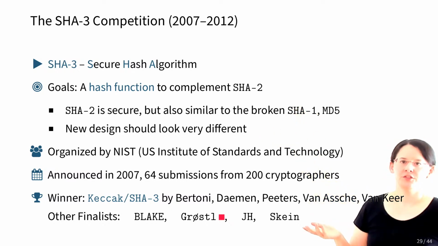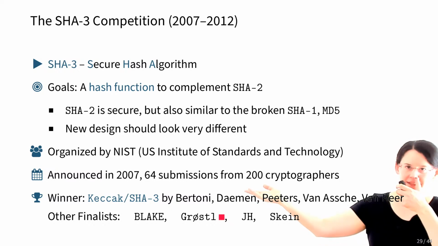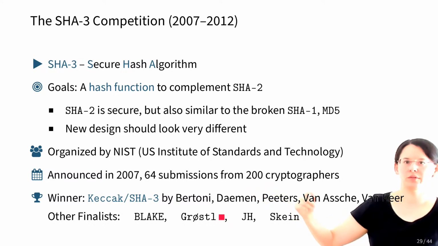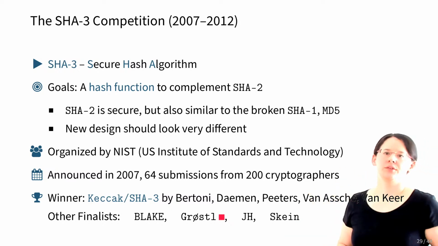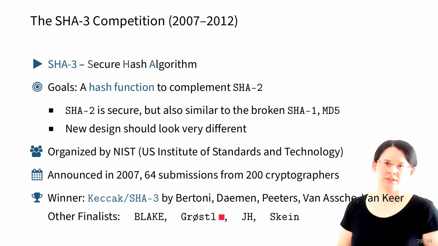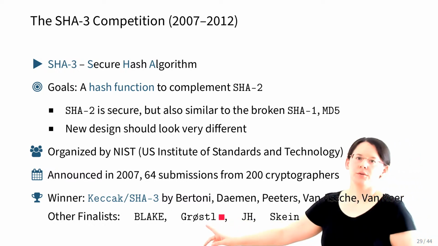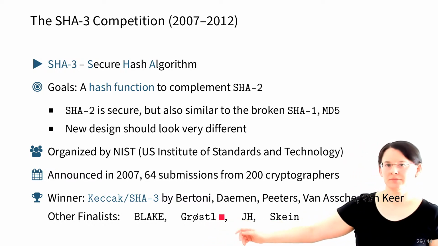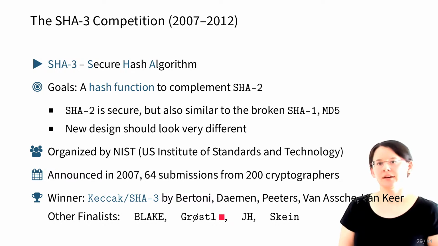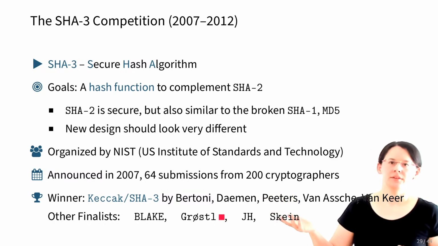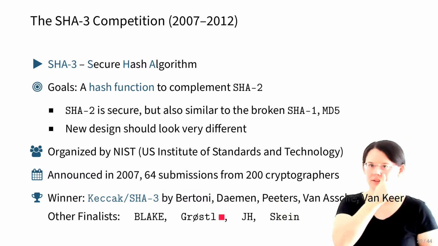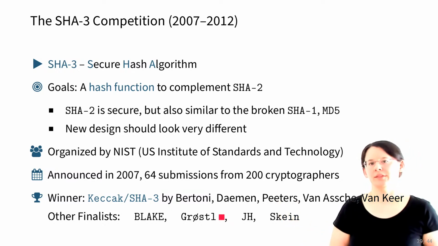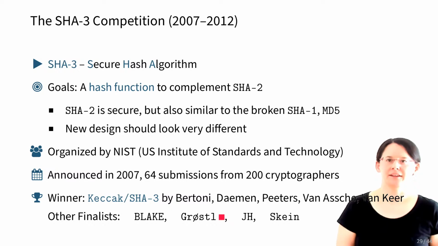For this competition, there was a total of 64 submissions from over 200 cryptographers worldwide, which were then successively narrowed down in several competition rounds until there were 5 finalists. One of them was also co-designed by some people from Graz. And finally, one of these, namely the nowadays SHA-3, but then called Keccak, won the competition for a very good reason, I think.